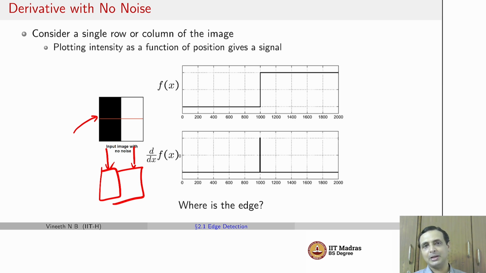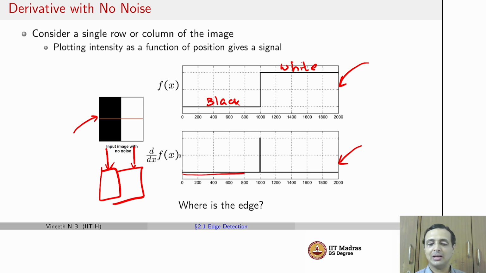Clearly, even in that particular row, there'll be the first set of pixels which are black, then the next set of pixels which are white. So in that particular row, the image intensity function would look something like this. If you took the gradient of such a function, we know that the derivative would look something like this.